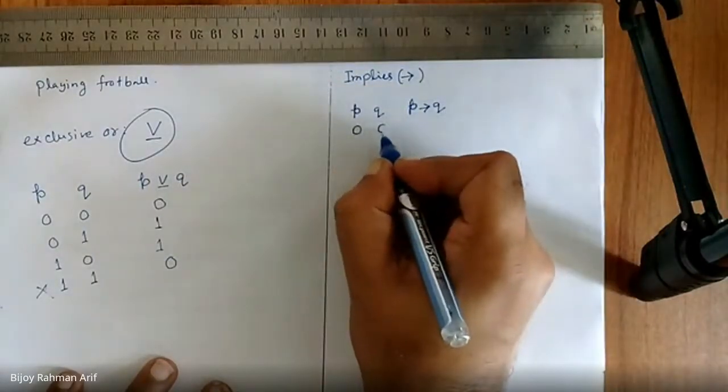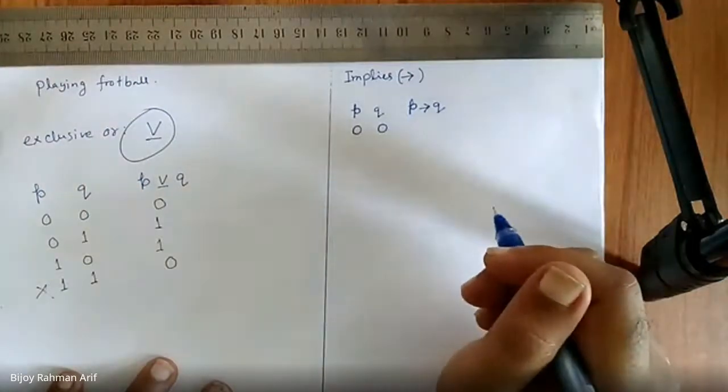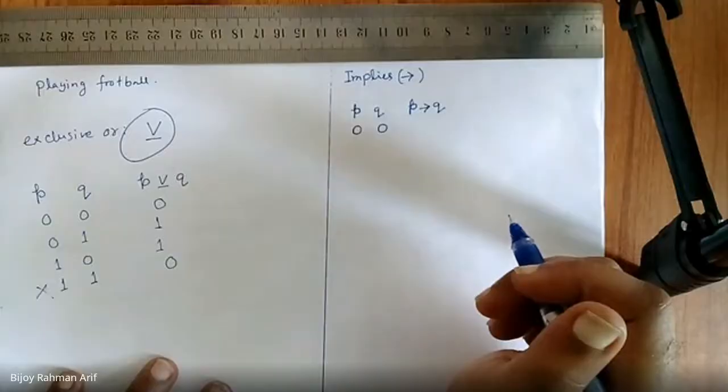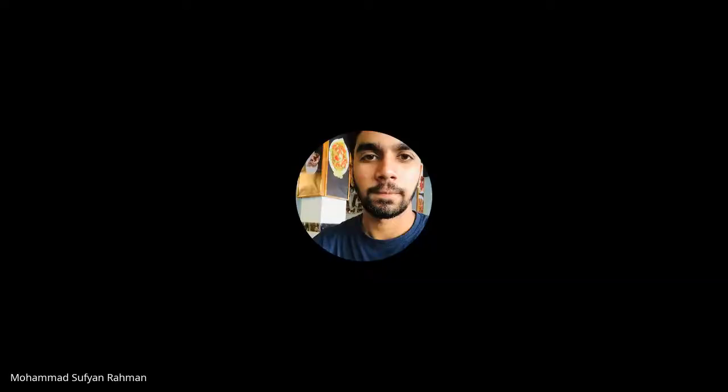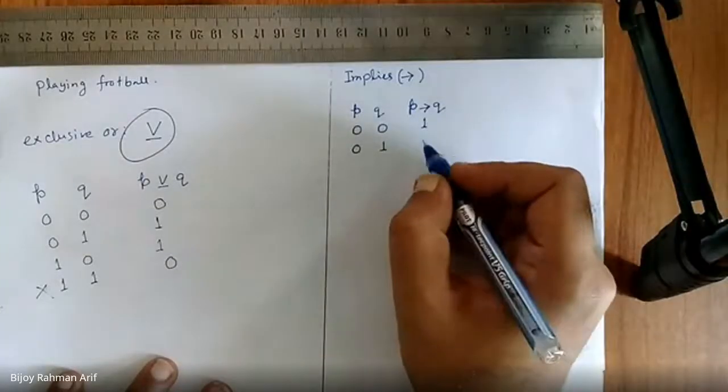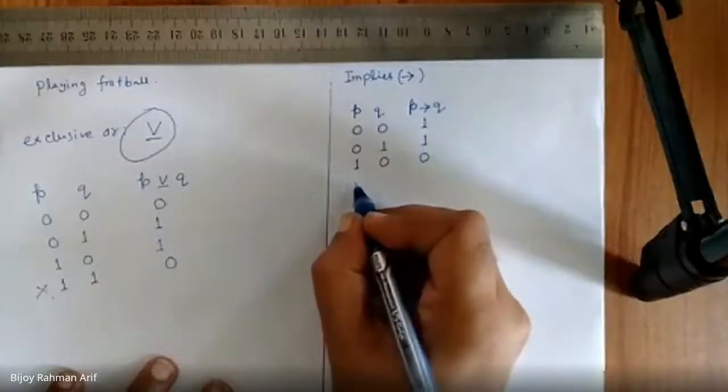For 0, 0, what should it be? Recall your memory. Sir, 1. True. Okay. For 0, 1, what should it be? 1, sir. For 1, 0, 0, and for 1, 1.